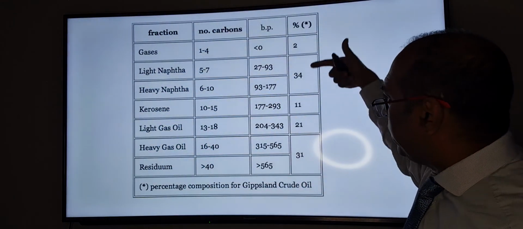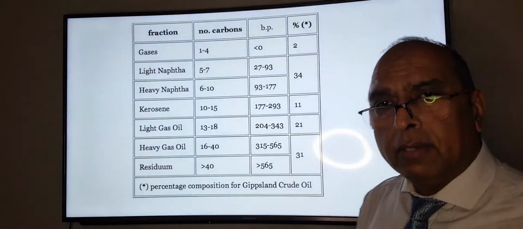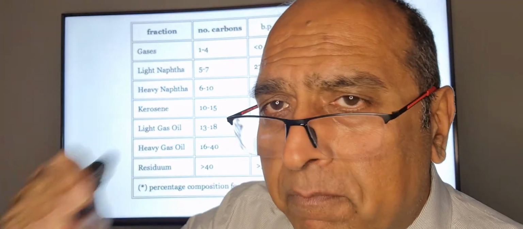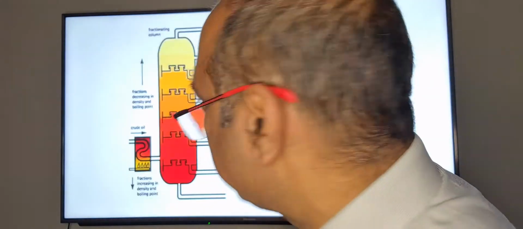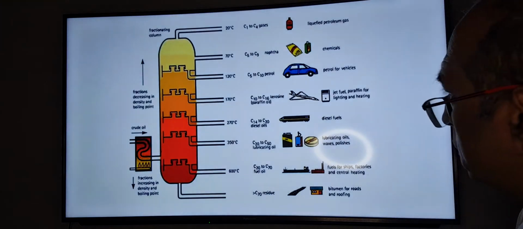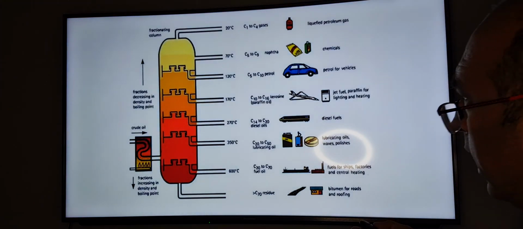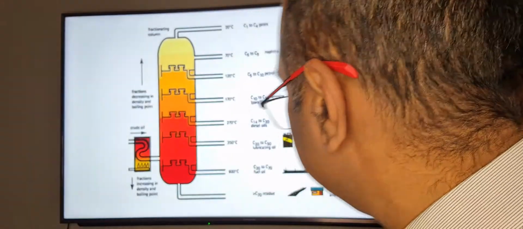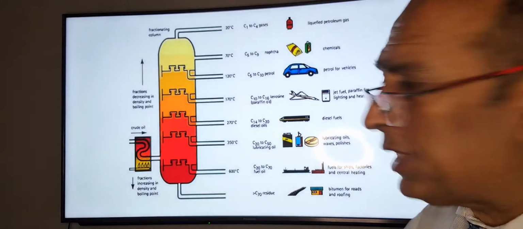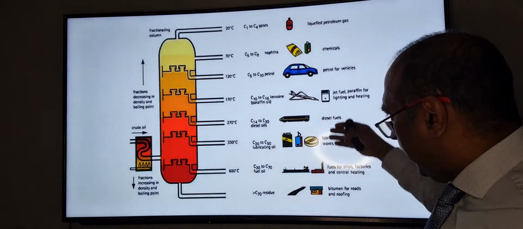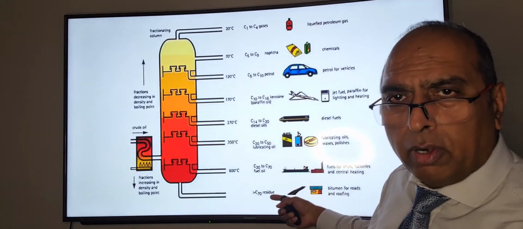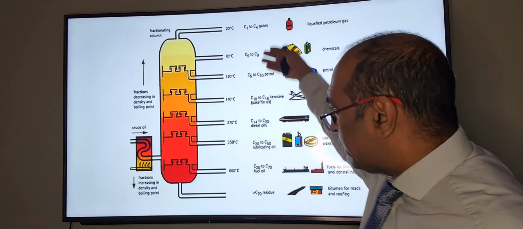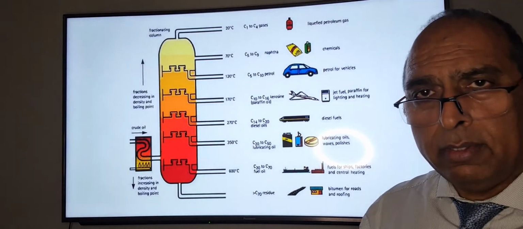They'll have 2% there, 34% there, 11%. Different crude oils from different places around the world have different breakdowns of the various fractions that we're talking about. So that is just another diagram that gives you the same kind of things again, gives you uses here, but now we've got chain length. The molecules getting longer and longer as we come down is extra in that column.